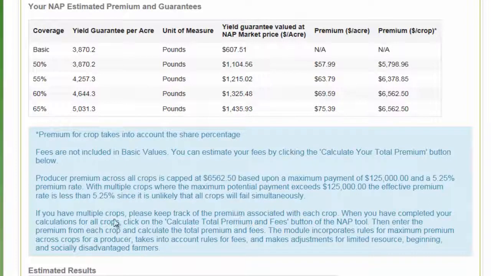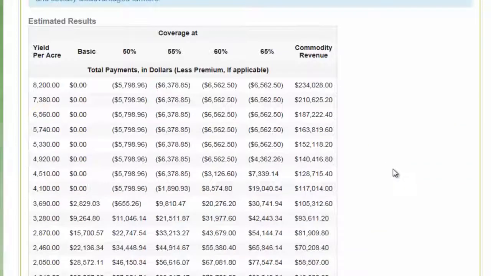What this is, it is 5.25% of $125,000, which is the maximum amount an individual can receive under the NAP programs, whether it be, in this case, all tart cherries, or whether it be a combination of crops, and a little bit later on we'll go through a combination of crop.